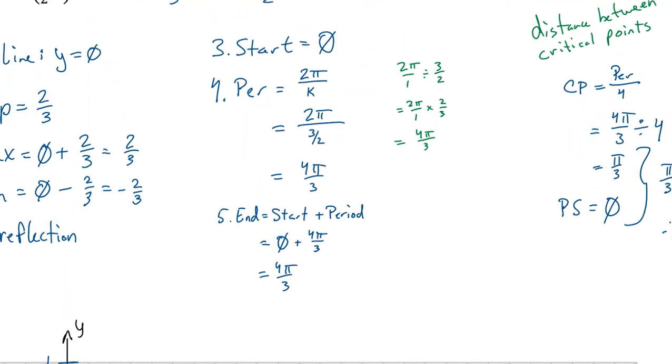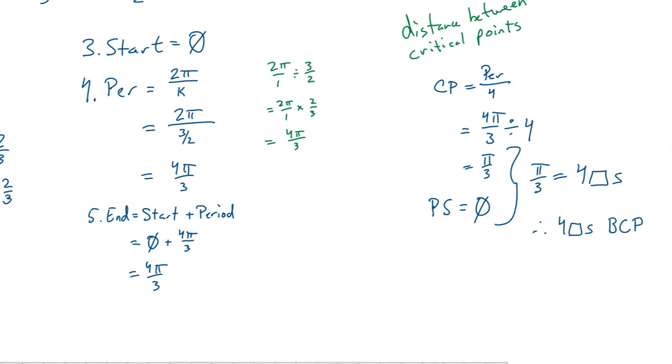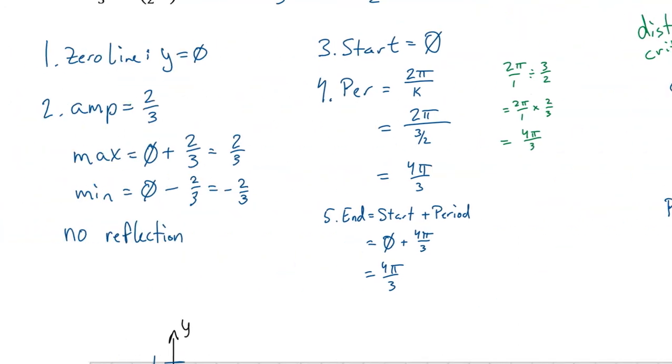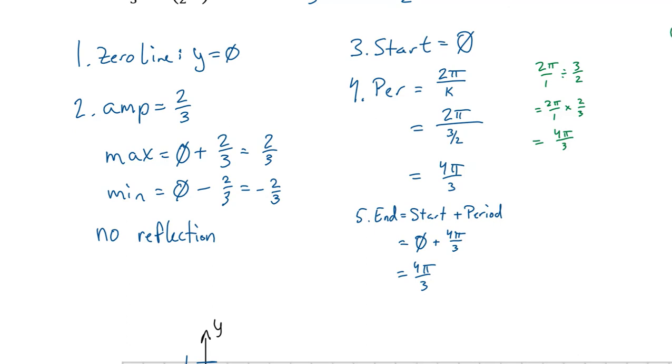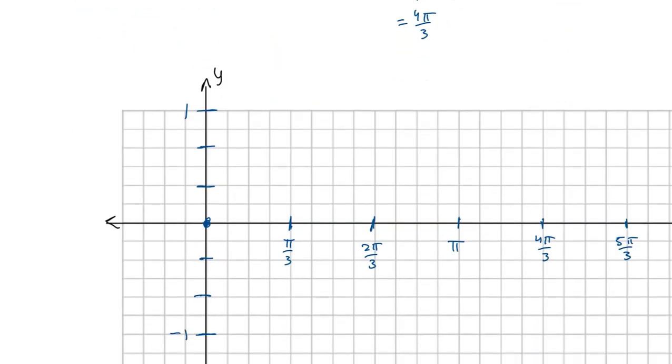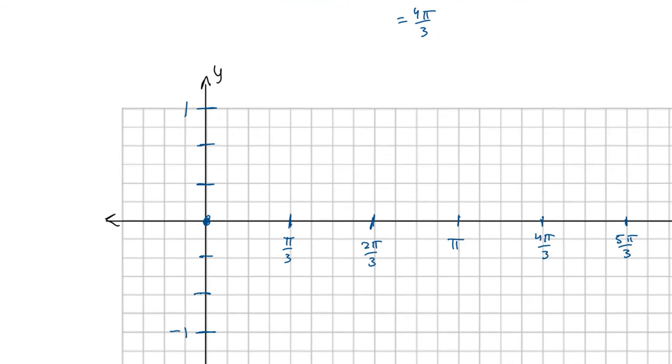Now this next part's not hard, but it's maybe a little bit different. Remember we calculated that there are 4 squares between critical points? Sine is not reflected, so the next point is the max. So I count 1, 2, 3, 4, and I go to the max. 1, 2, 3, 4, back to the 0 line.